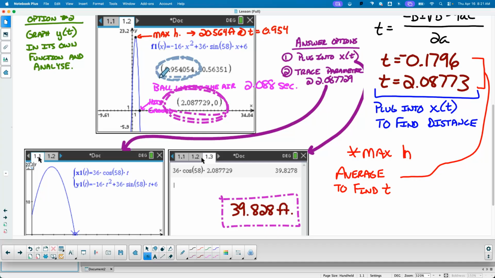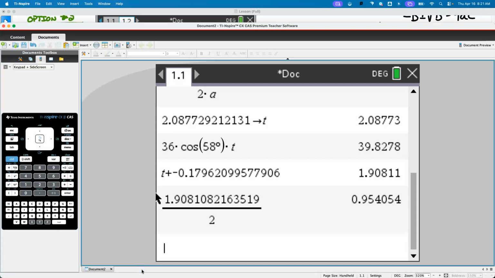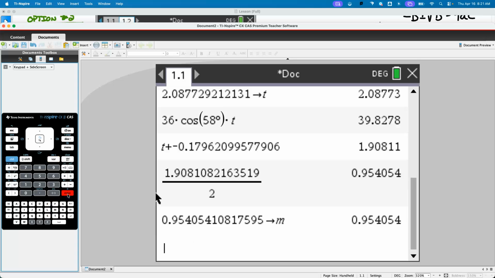Then, to find the actual maximum height, what would you do with that number? Plug it into the y of x function. Yes, or y of t function, I should say. So now here, I would store this as something else, because you already got one as t. I'm going to go m, because it's right above the t, and then I know what I'm talking about. Okay?